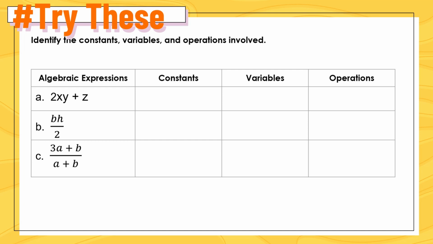Okay, let's check. So hold your book and check. Let's use the color violet. Constant. So for letter A, 2xy plus z. This is the constant here. You got 2. That is the fixed number there. For variables, we have x, y, and z.